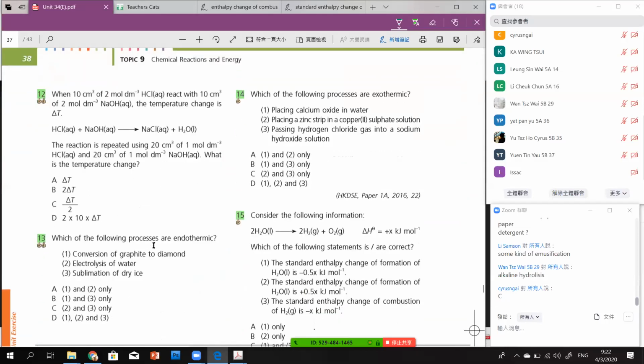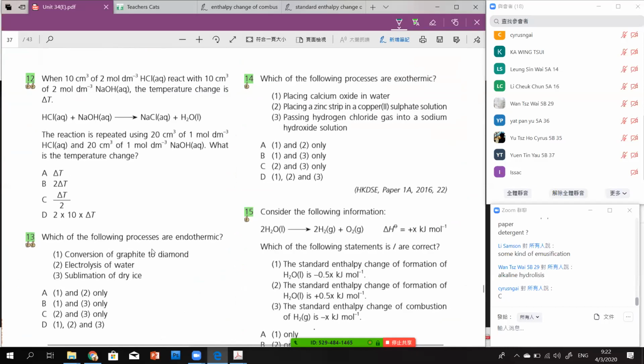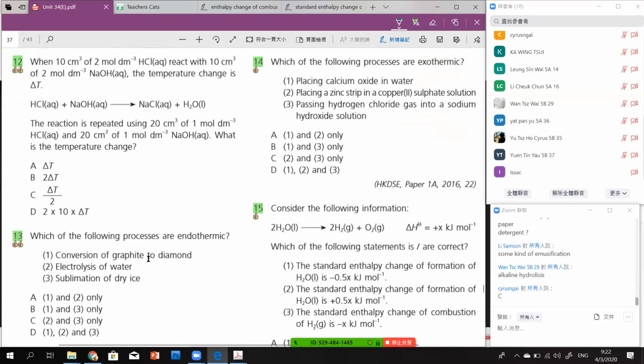Take a look at question 12. Do you understand this one, question 12? When 10 cm cube of 2 molar HCl reacts with 10 cm cube of 2 molar NaOH, the temperature change is this.